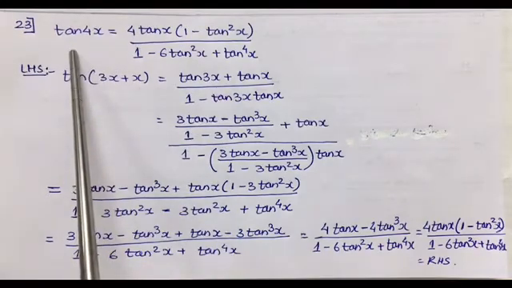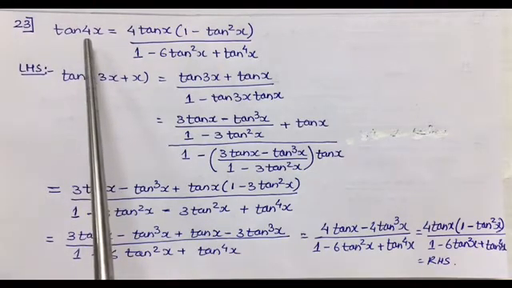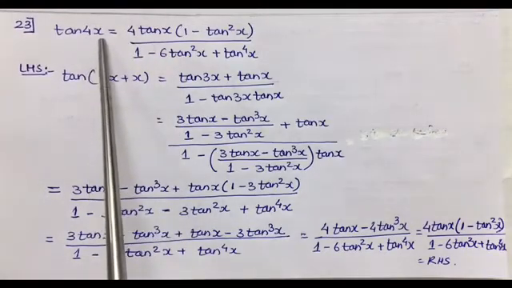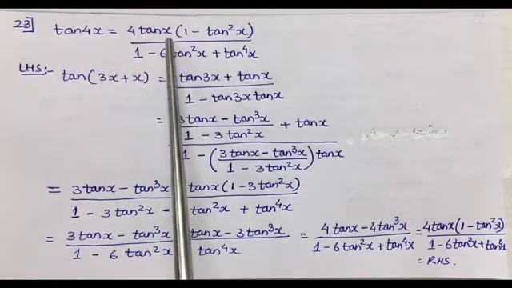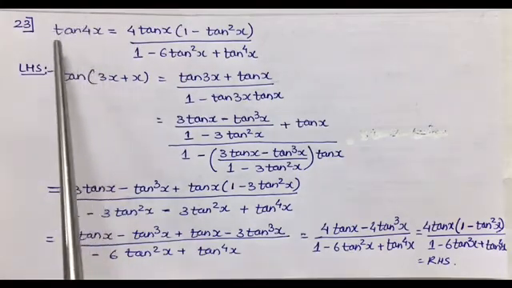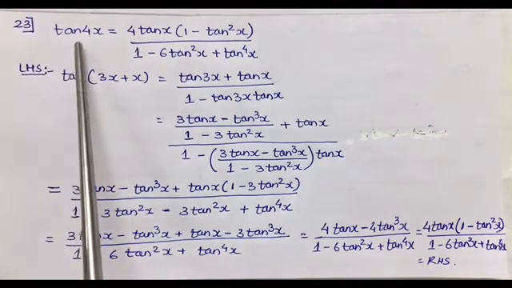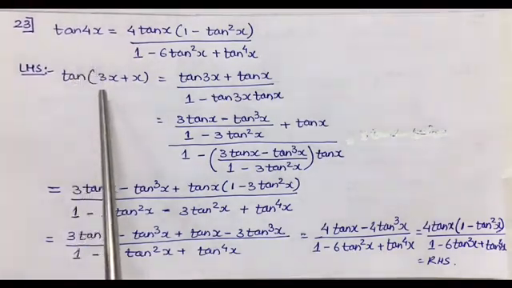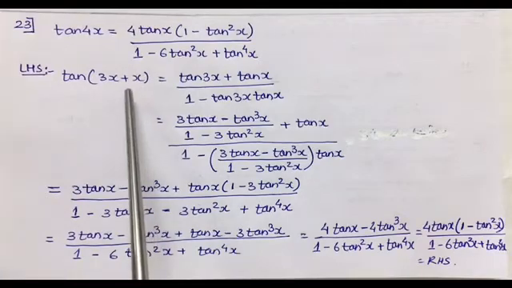Now LHS, if we see, the angle is 4x and the angle 4x is reduced to angle x. Now taking up LHS, we will be expressing tan 4x as 3x plus x.